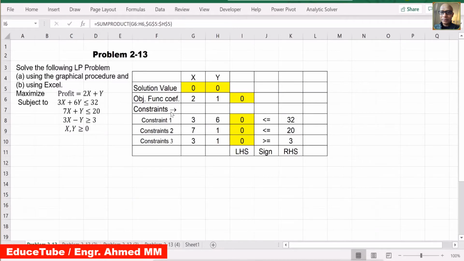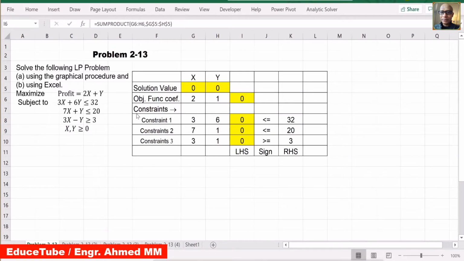Subject to the constraints: constraint 1, 2 and 3. I have written all the coefficients of these constraints for the left hand side, and there will be a value for this, so I wrote left hand side here.